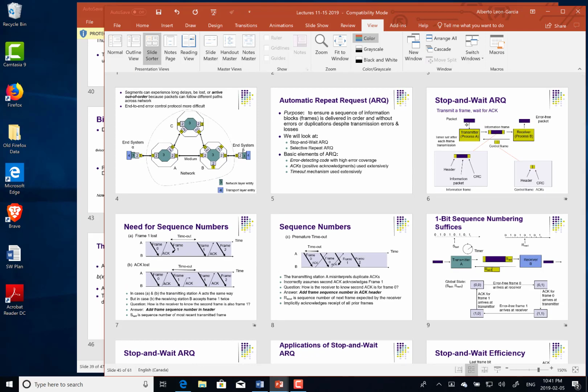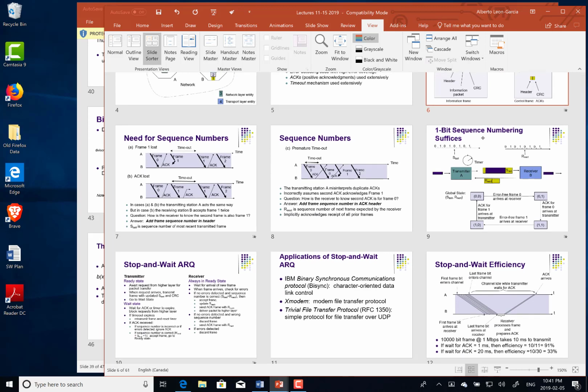If this is the data link layer, you take bits, you put in check bits and sequence numbers, and send it to the other side. If they're correct, the bits are accepted and transferred to the upper layer, and as well, acknowledgements are sent in the reverse direction.